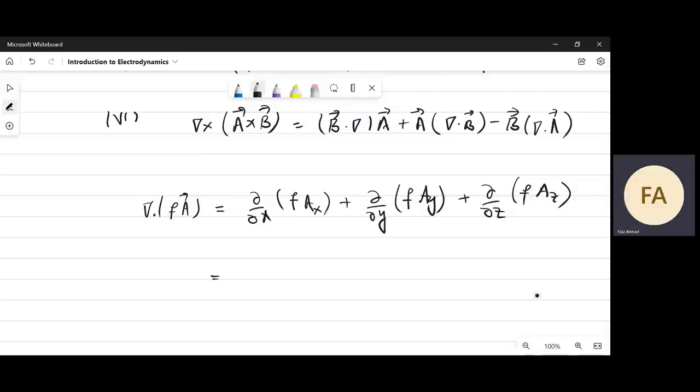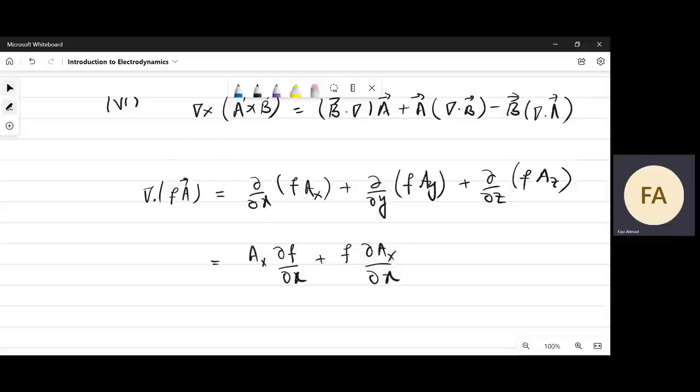If we apply the product rule on every component, then for the first we have Ax partial f over partial x plus f partial Ax over partial x.